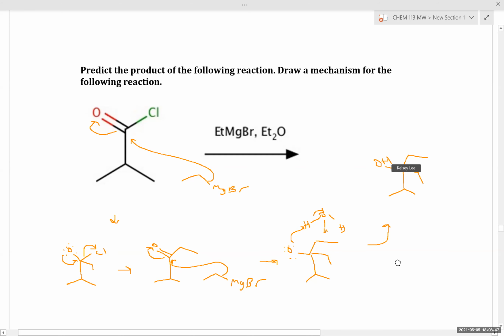From here, we can isolate the tertiary alcohol after quenching the alkoxide ion with an acid. Yep, this student proposed mechanism looks completely reasonable.